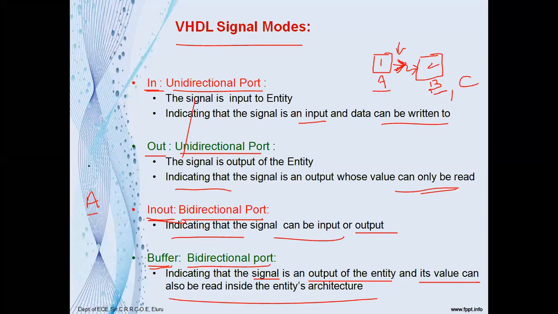And the output signal, the out, is also a unidirectional signal. It always writes the data to the external device, it always sends the data out. So that is the out signal. And then in and out can accept the data, it can send the data, it reads the data, or it can write the data.